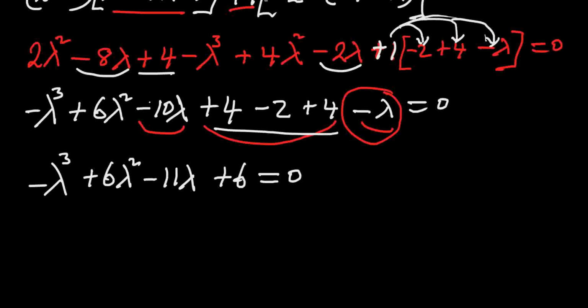Because the coefficient of the highest degree here is negative, we can simply multiply each term by negative 1 just to change it to positive. It makes it easier for us.